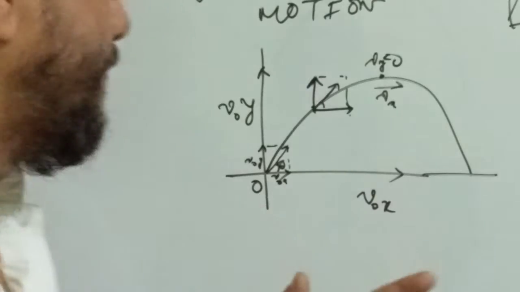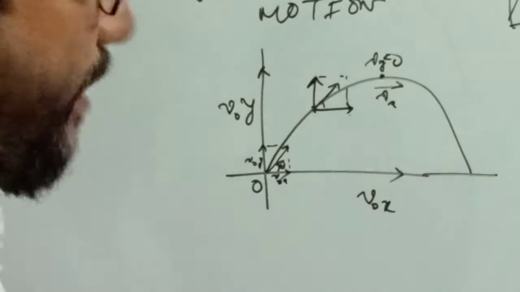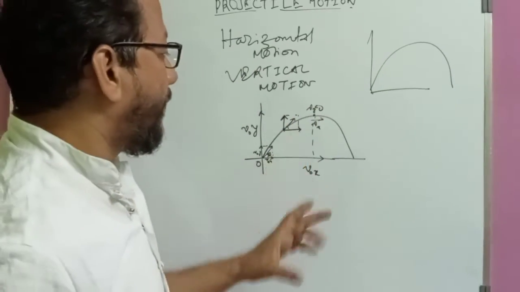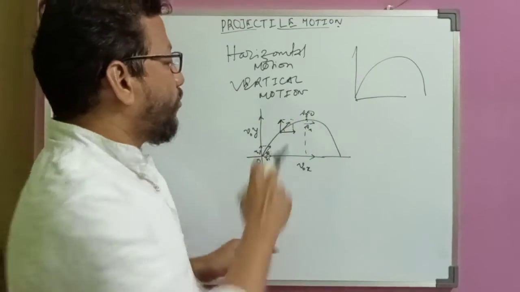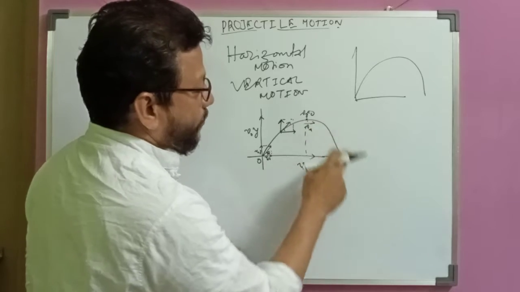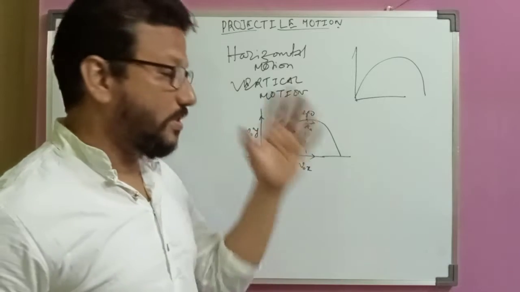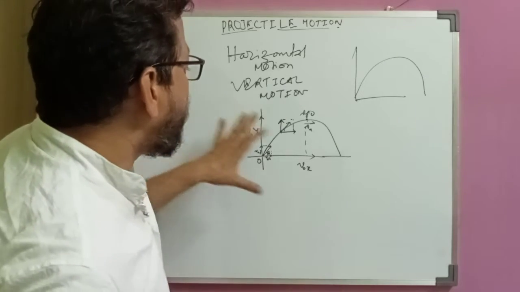You have to keep in mind that at the top peak, when the motion goes downward, Vy will be 0 up to here. This should be kept in mind.